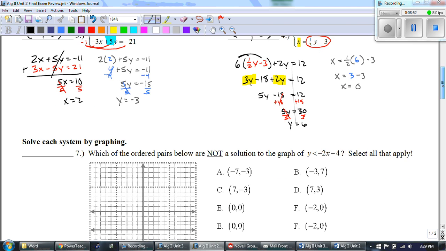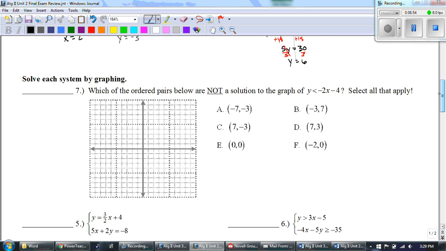Okay. Number 7. Which of the ordered pairs below is, or are, not a solution to y is less than negative 2x minus 4? Okay, keyword not.